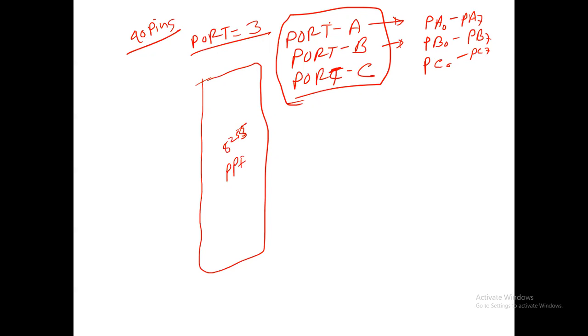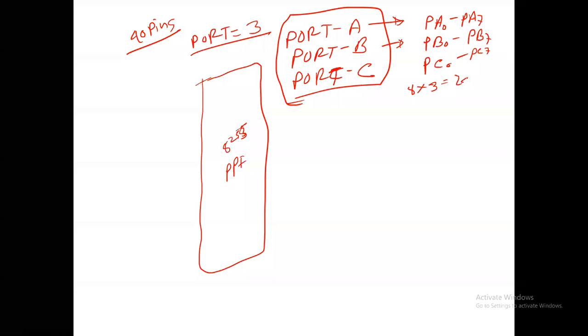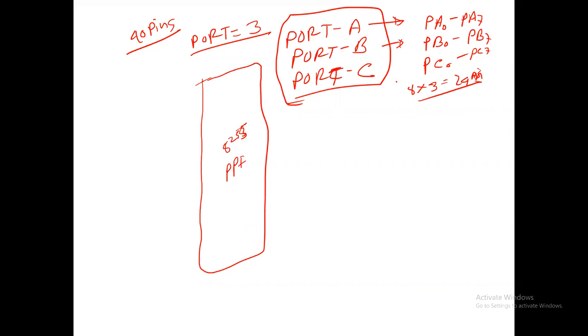So how many pins in total are used for ports? 3 times 8, or 8 times 3, equals 24 pins. Use the 24 pins. Okay.